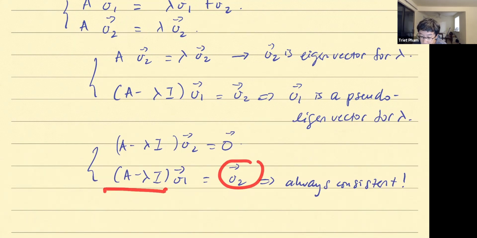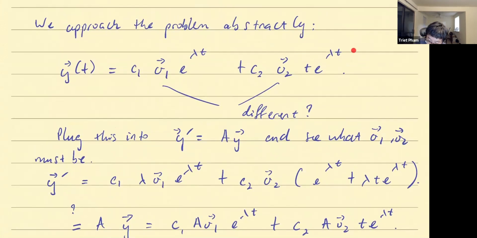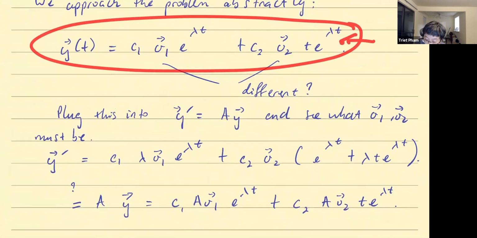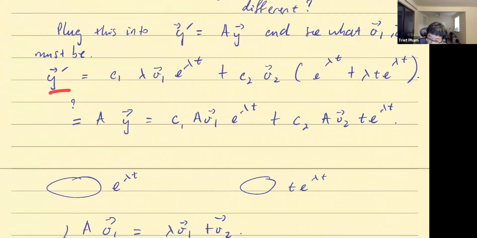But in the case of repeated eigenvalues with only one eigenvector, with non-full set of eigenvectors, this is always consistent. So you will always be able to find a pseudo eigenvector. And after you solve for it, then you can plug it back to this structure and get your solution to your ODE. And this is the right solution exactly because of our analysis right here, because everything got matched up if we solve this system.